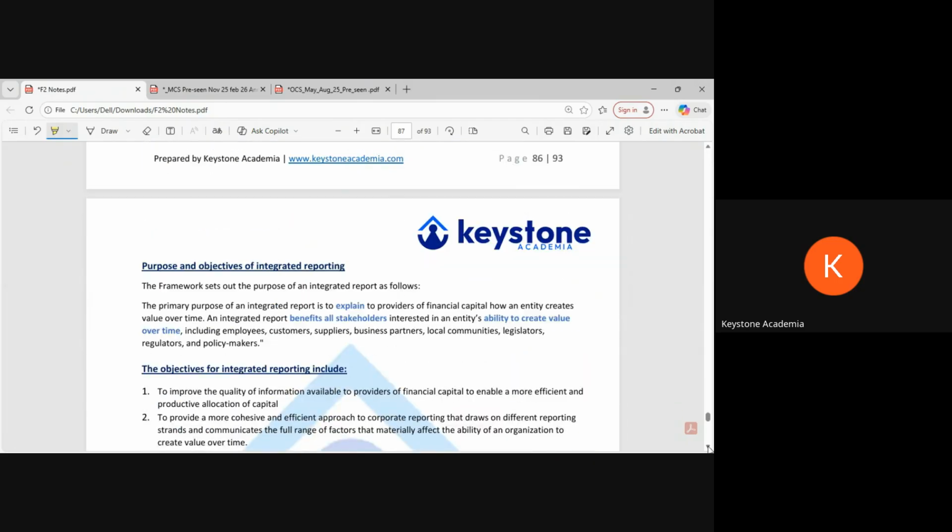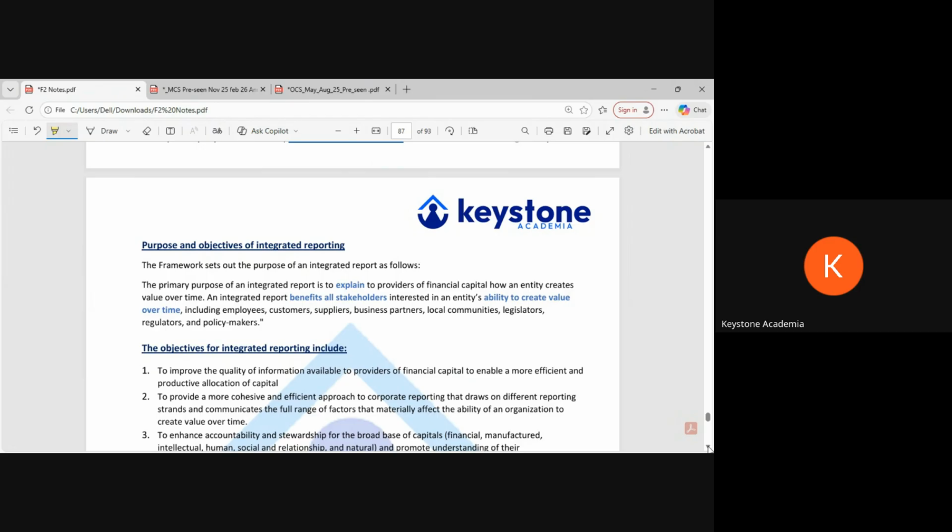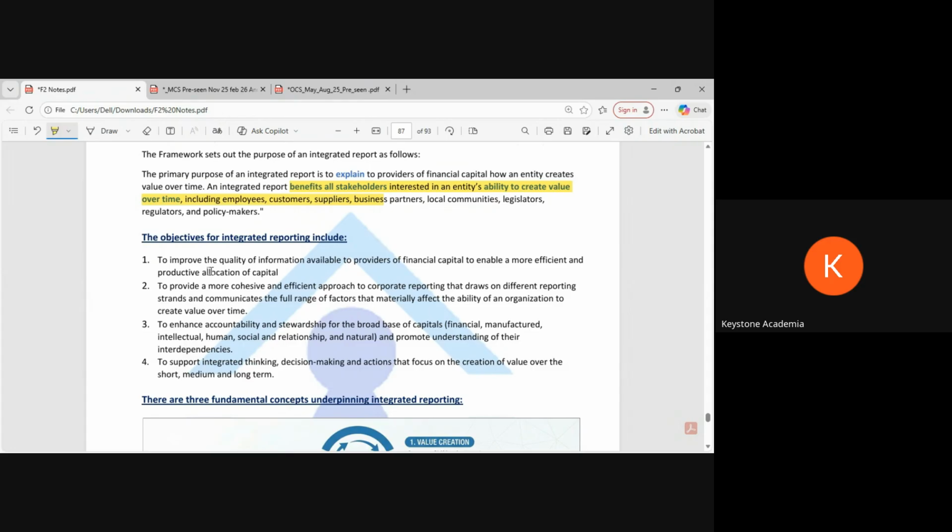What is the purpose? The purpose is to benefit all the stakeholders and create value not only for shareholders but for employees, customers, suppliers, business, everyone in the system. The capital should be allocated properly. We should have more value creation over time.